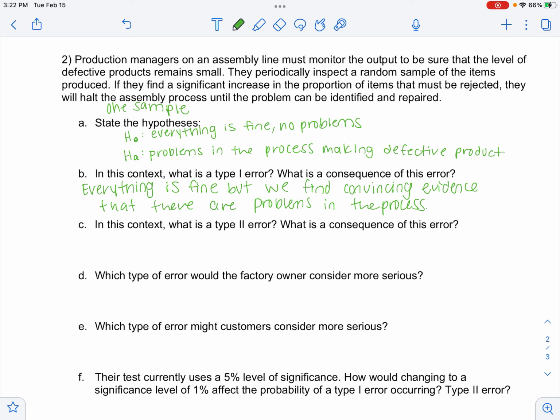Now, what could be a consequence of this? Well, the company might spend a lot of money to try to fix problems that don't exist. So that could be something that would be a bad consequence of making a type 1 error.